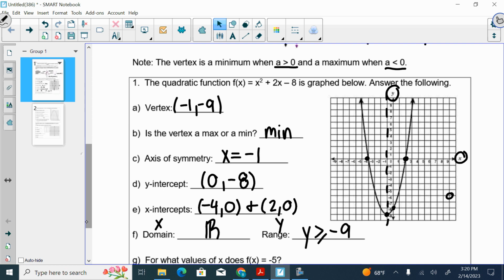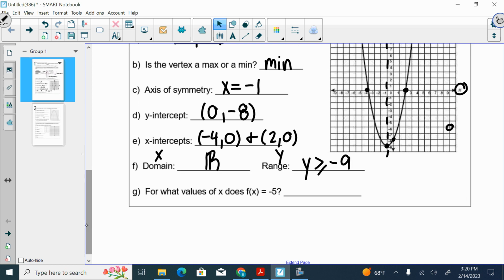Okay? All right, and then the last thing it asks us on this question is, for what values of x does f of x equal -5? Okay, so f of x is what we normally have where a y is, right? So they said when y equals -5, what is x?